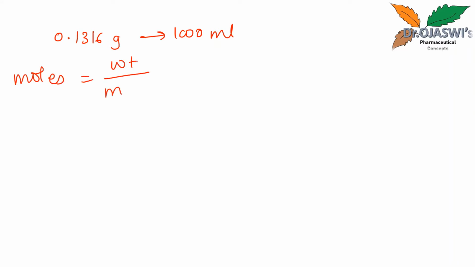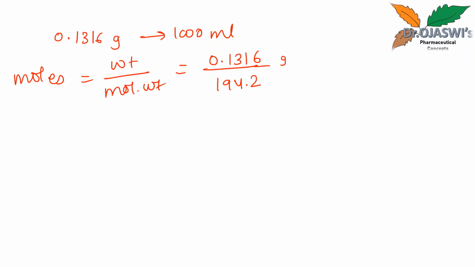Since this is 0.1316 grams in 1000 ml, let me calculate the number of moles, that is weight upon molecular weight. The molecular weight is provided in the question, that is 194.2, and the weight is in grams.